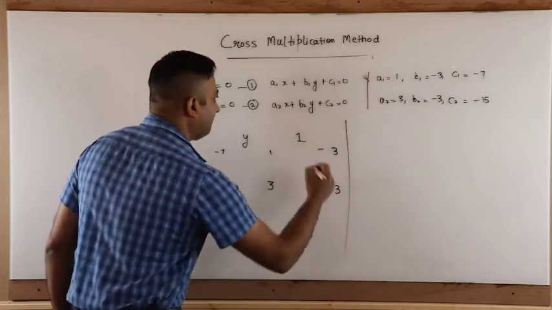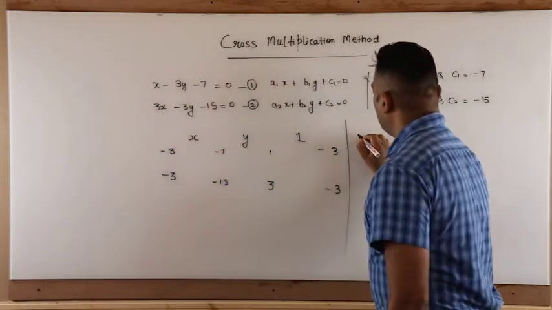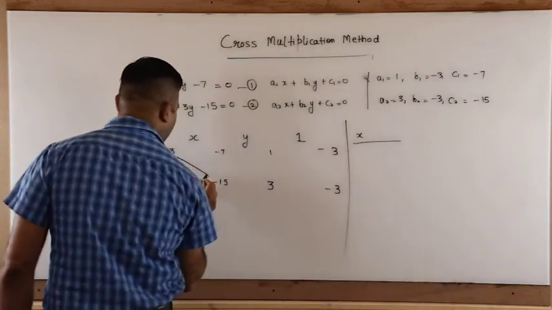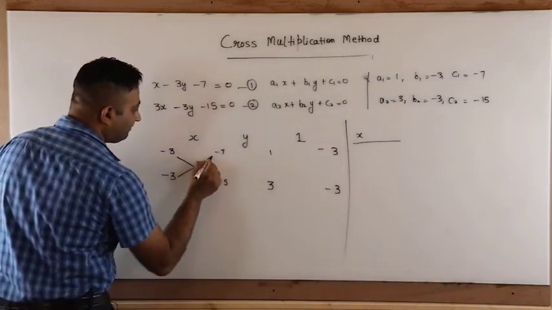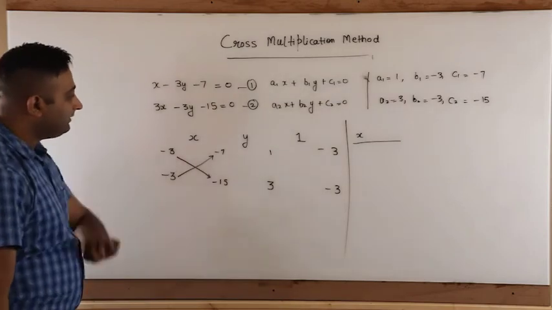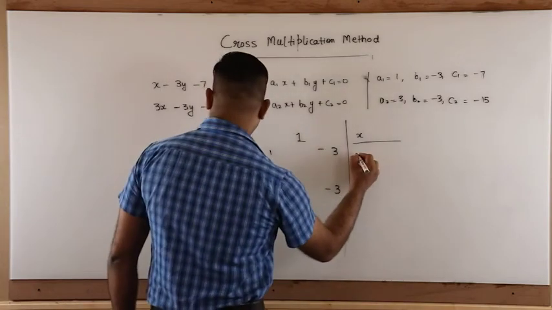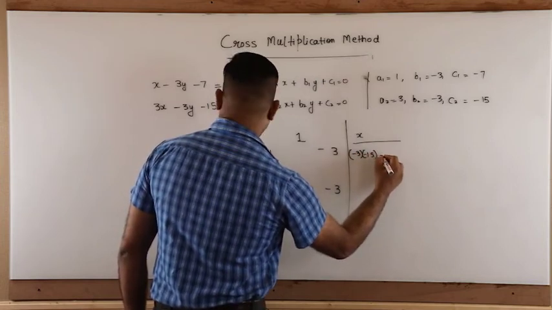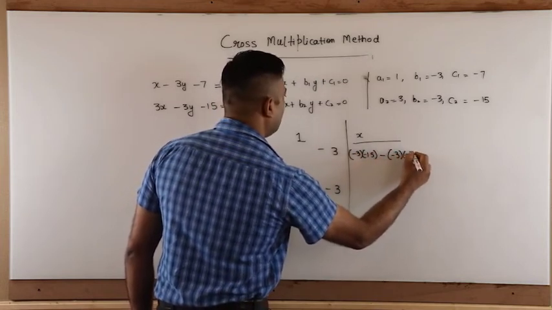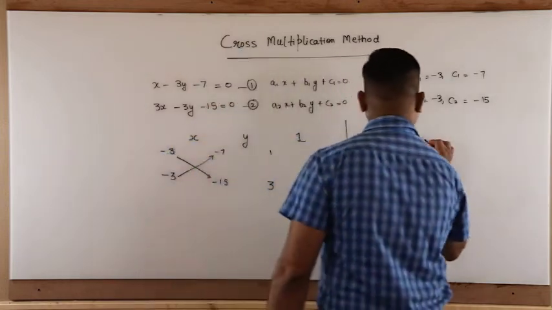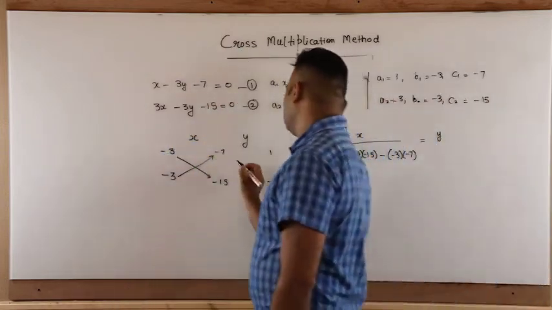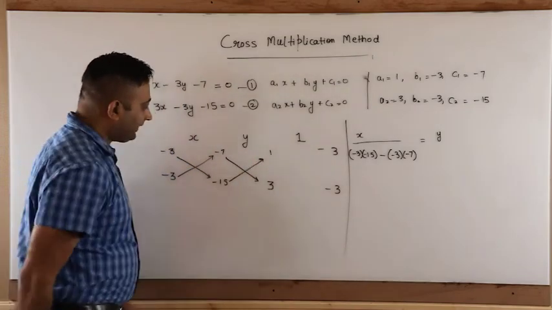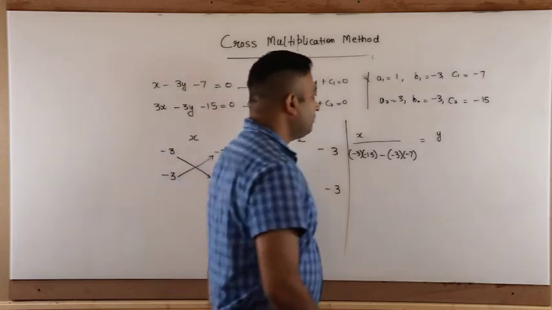So now let us make some equations. X upon, we have to cross multiply minus 3 and minus 15 and subtract the multiplication of minus 3 and minus 7. So here x upon minus 3 into minus 15 minus minus 3 into minus 7 equals y upon minus 7 into 3, subtract it by minus 15 into 1.